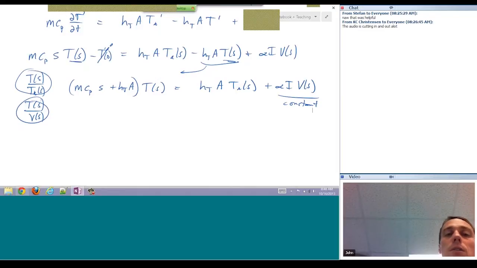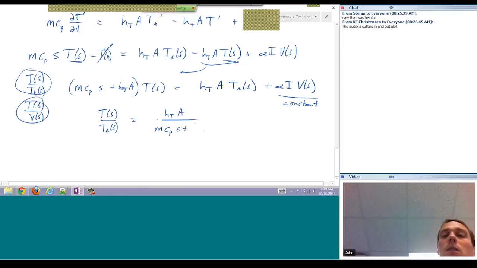T of S over T A of S equals H T A divided by M C P S plus H T A. And then let me assume that's not constant anymore, that's changing, and this is constant.